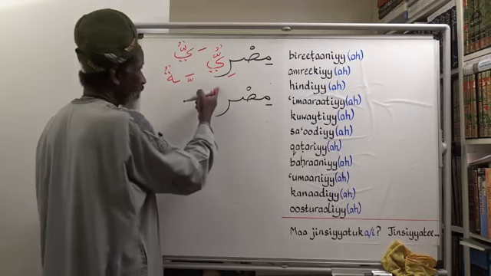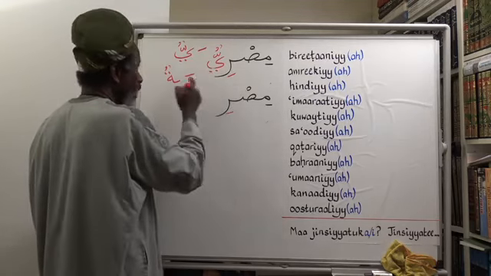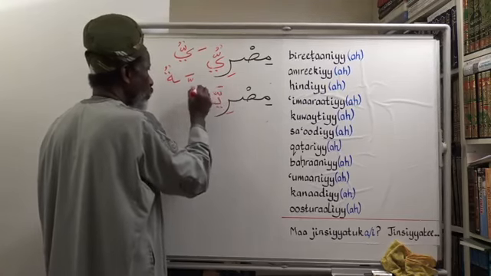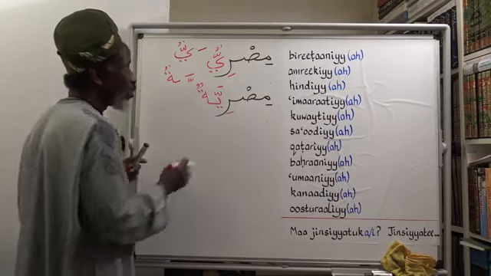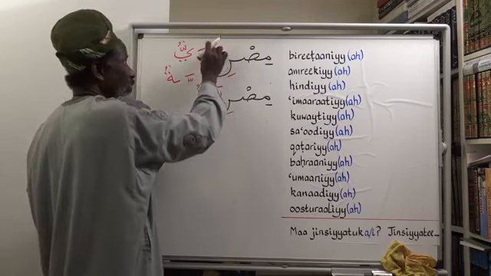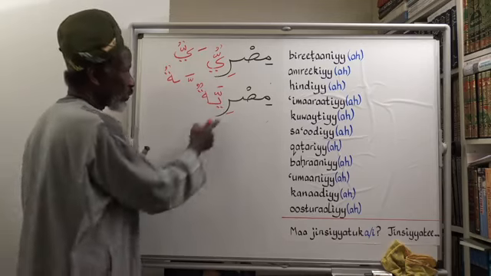You still have your kasra, Misri, and then yatun. Misriyatun. So three things happening there. You do the kasra, and then this ya will become fatha instead of damma with nun. You transfer that into ta marbuta.